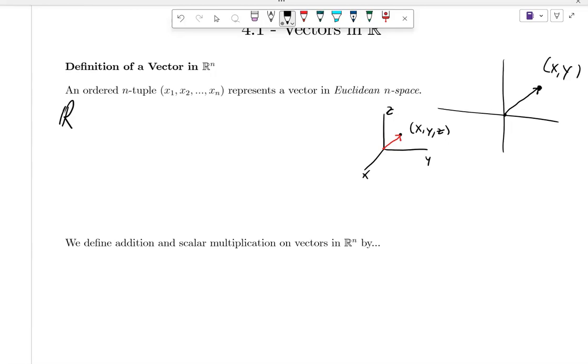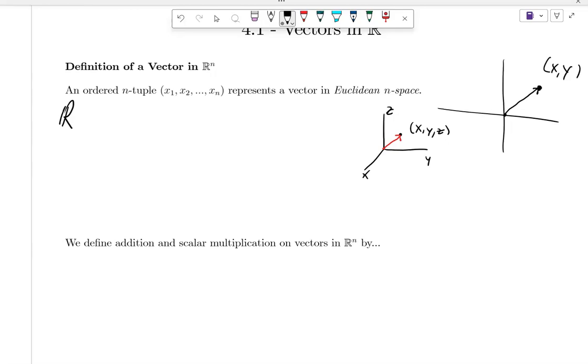We can also just think of the real numbers themselves as vectors if you would like. Graphically, you can think about the real numbers as a number line.